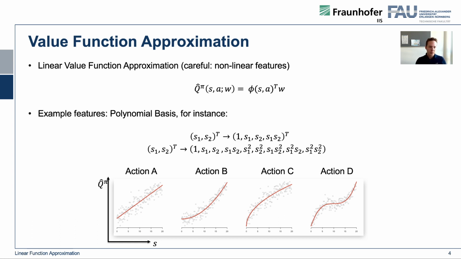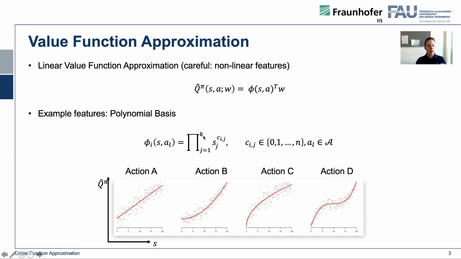Let's do an example. Imagine that your state is two-dimensional. Here k is the number of elements in your state, and you want to use n-order polynomials, which leads to n+1 to the power of k different features.